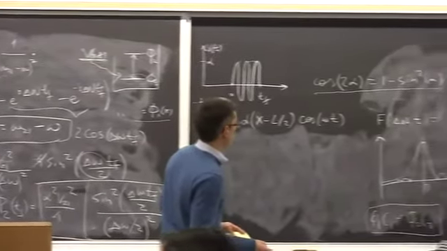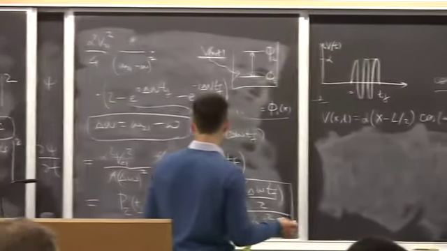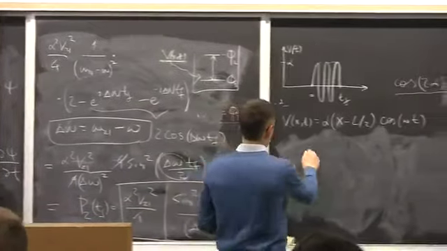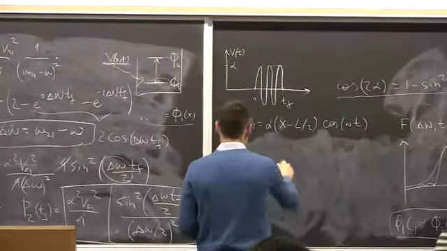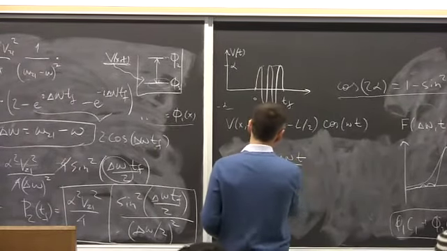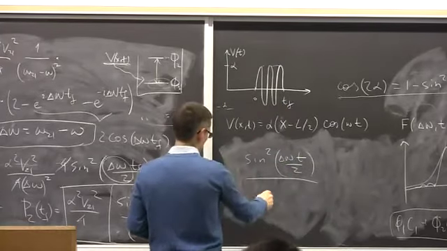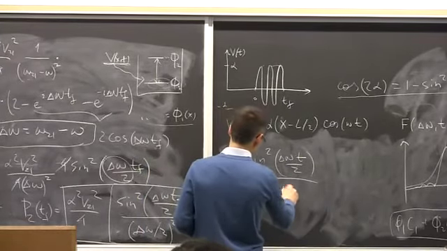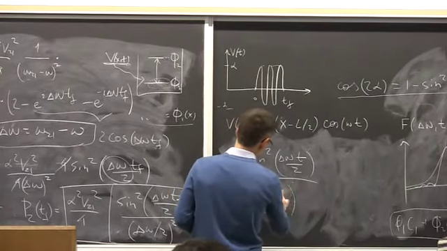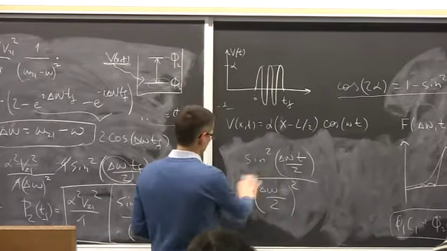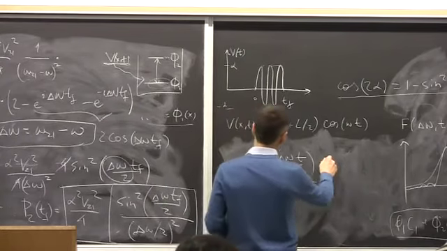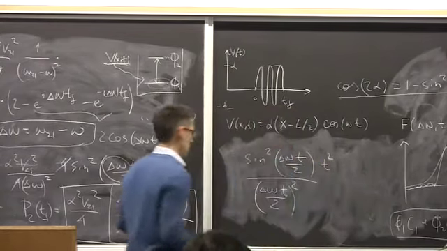Well, the simplest way to see this is if we take sine squared of delta omega t divided by 2, over delta omega t divided by 2. Let's remove t for now here. This is the function we have. Now we put t squared in the denominator and we put t squared in the numerator, nothing changed, right?